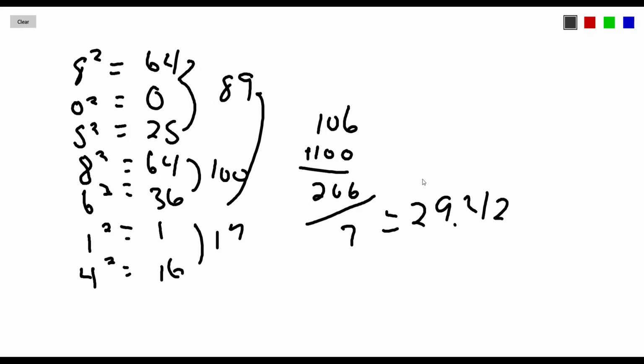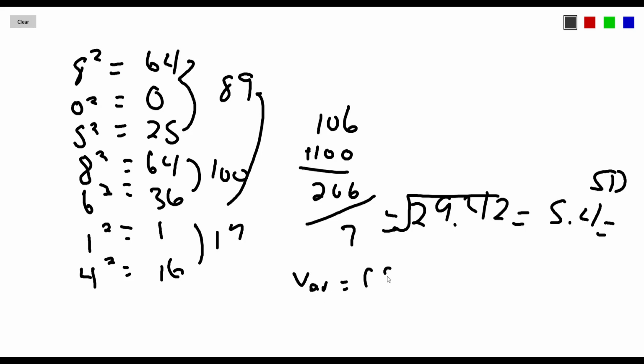Take the square root of this number and round to the tenth place. Should give you 5.4. And that again is our standard deviation. And so to find variance, you want to square 5.4, which is 29.2.